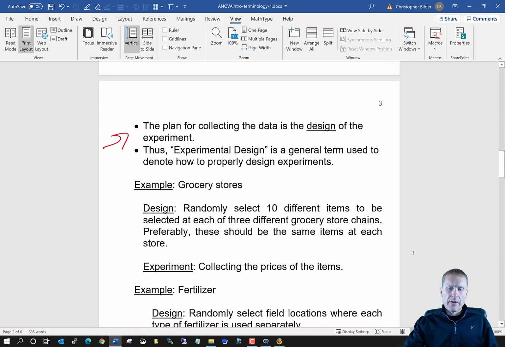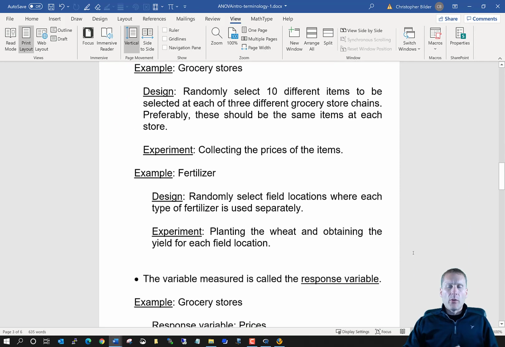Okay, so let's take a look at some examples. With respect to that grocery store example, where we want to determine whether the grocery store prices on average are the same or different, what we could do is randomly select 10 different items that would be sampled at each store. That would be our design.